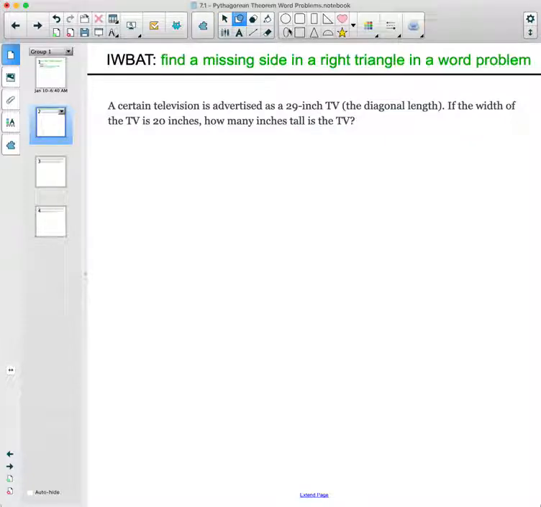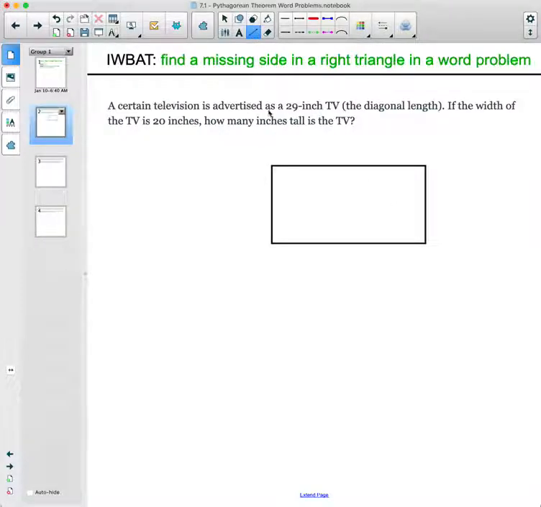In all of these problems, you're going to want to make sure that you draw a picture on a piece of paper so that you can come up with a diagram to draw in the information. In this case, we've got a rectangular TV. The diagonal measurement is going to be 29 inches, so draw a diagonal in there.